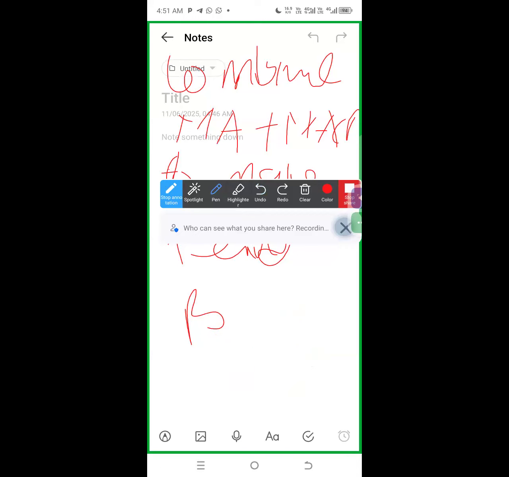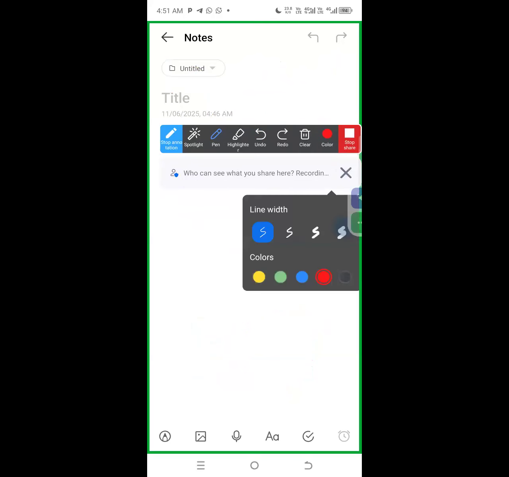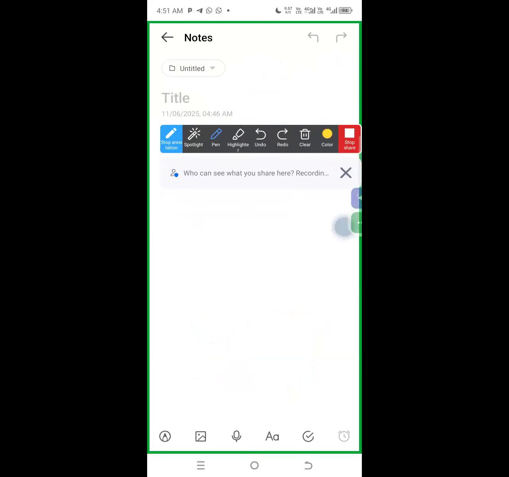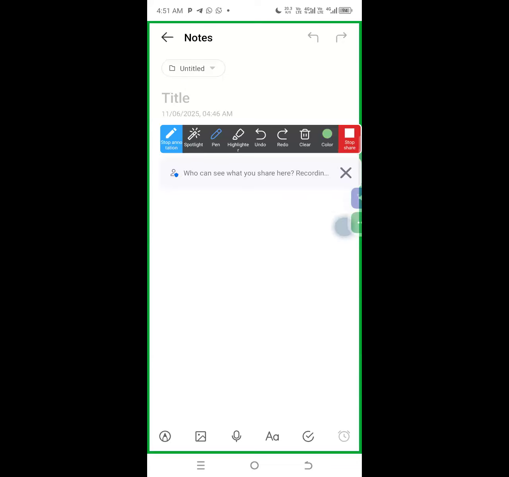So let's assume this is a candle. Let me see if I can draw a candle here. Okay, so let's assume this is a candle.